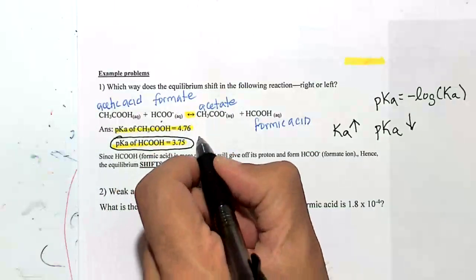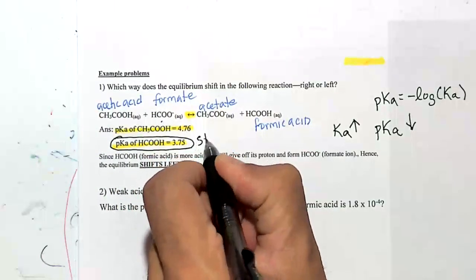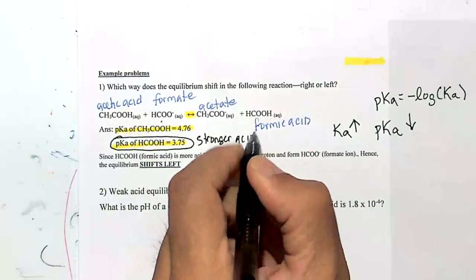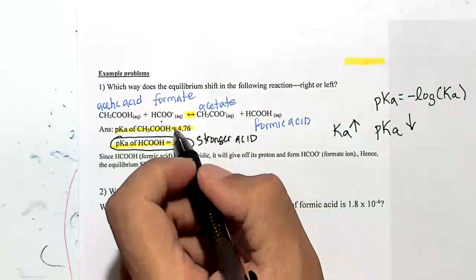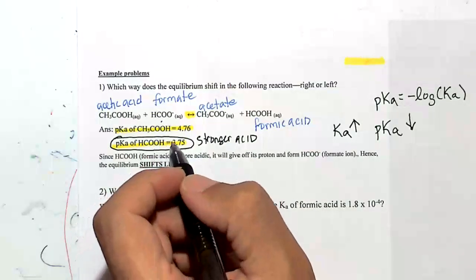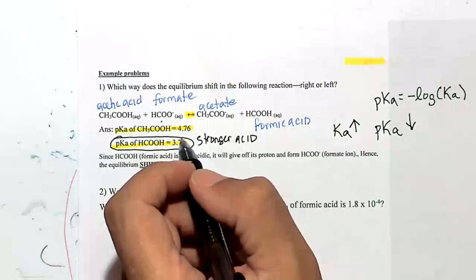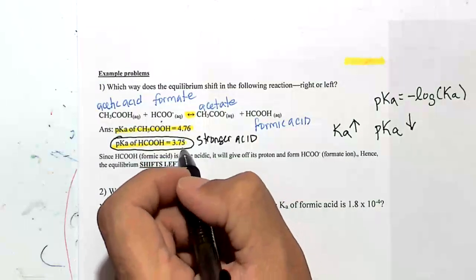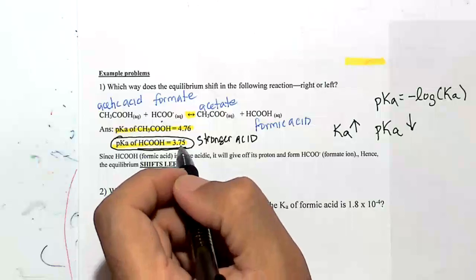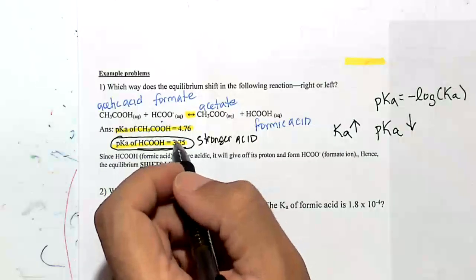I think you mentioned it correctly. This is a stronger acid. So which will give off protons? Formic acid or acetic acid? Which will give protons better? Which is a better acid? This is a better acid, so which way will the reaction shift?